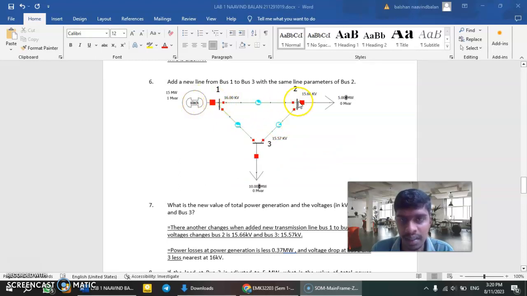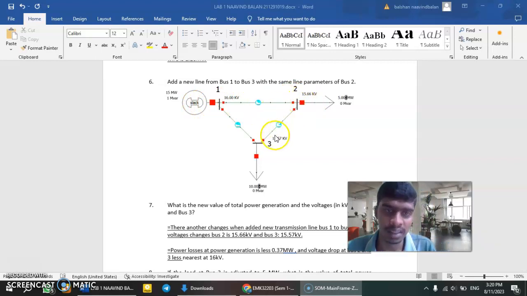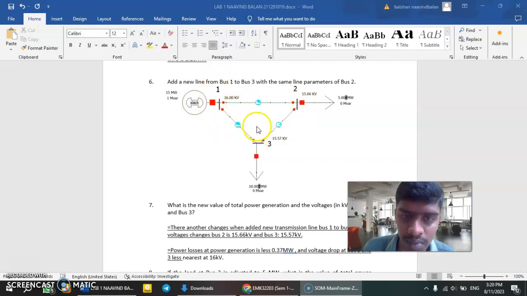The power is supplied directly from bus 1 to bus 2 and bus 2 to bus 3, and likewise from bus 1 to bus 3.